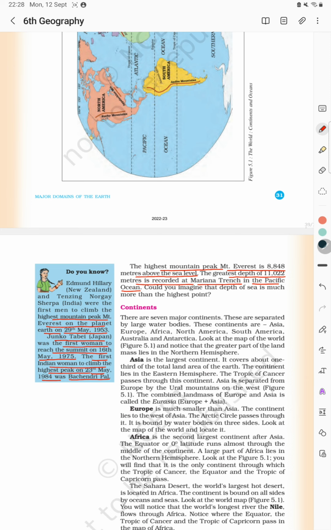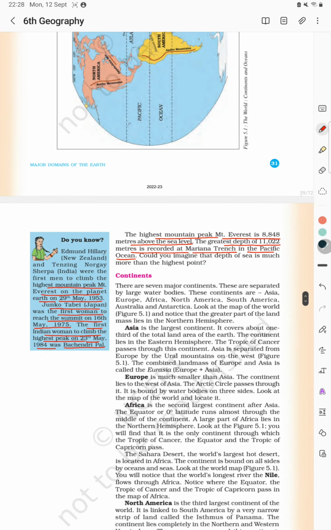Now let us discuss continents. There are 7 major continents. These are separated by large water bodies. These continents are Asia, Europe, Africa, North America, South America, Australia, Antarctica.